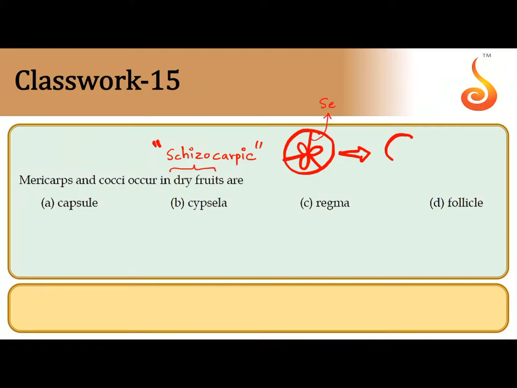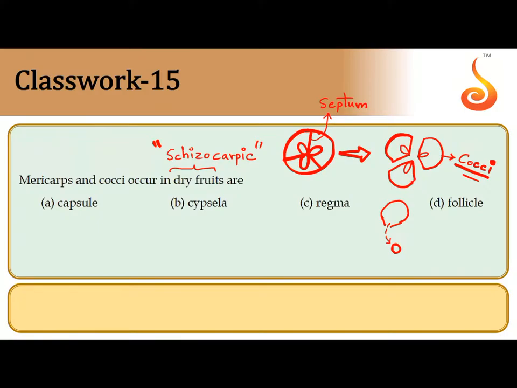See, these partitions are referred to as the septum. So the fruit splits along the septum, and they get separated from each other into single seeded units, and these single seeded units are referred to as cocci or mericarps. Then the cocci break open and the seed comes out of it.